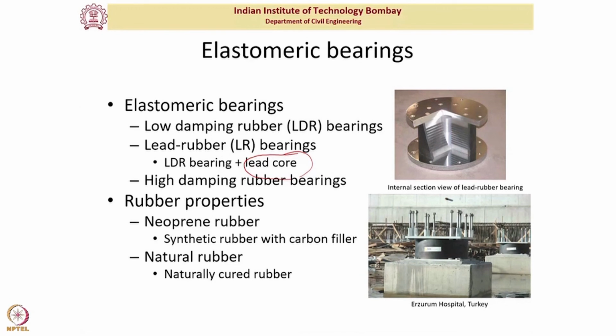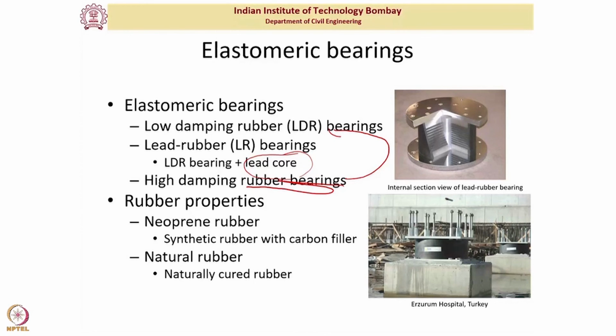And then there are also other types of bearings which are high damping rubber bearings. Construction wise, high damping rubber bearing is the same as low damping rubber bearing. These do not have a lead core. The source of energy dissipation actually comes from the rubber itself. So by changing the composition of the rubber, you can achieve damping properties.